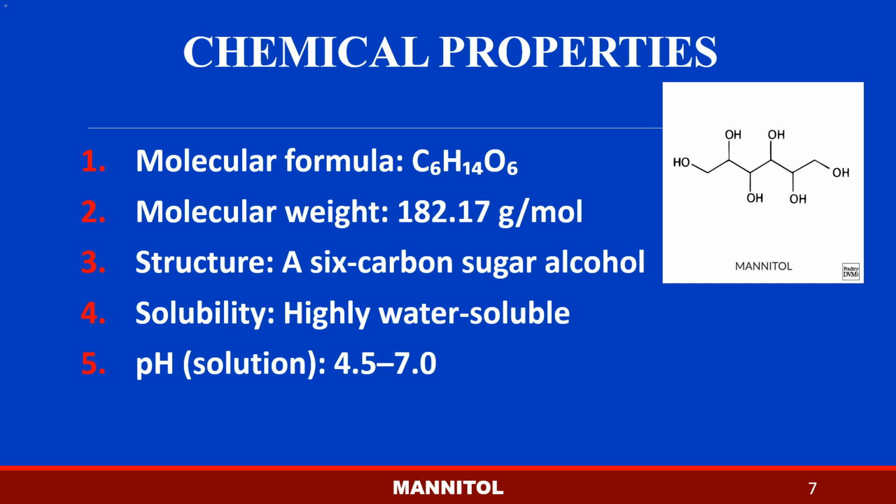Structure: a 6-carbon sugar alcohol. Mannitol is related to sugars but acts differently in the body. 4. Solubility: highly water-soluble. Mannitol dissolves easily in water, useful for IV administration. 5. pH of solution: 4.5 to 7.0. Solutions of mannitol for medical use have a pH in this range.